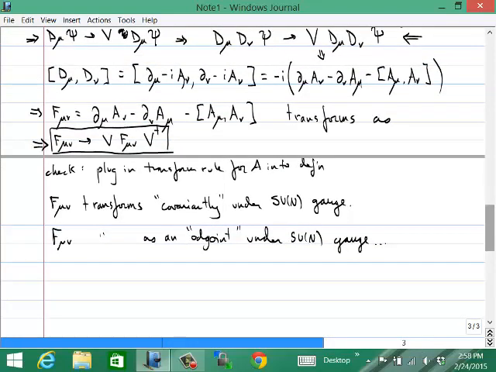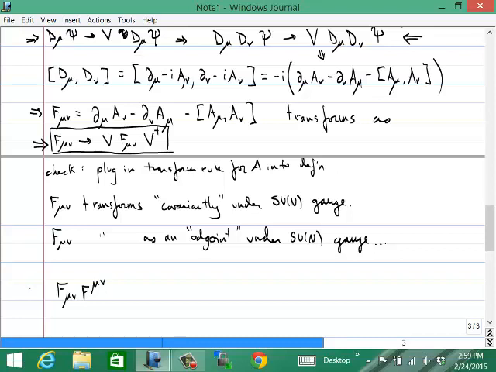But the important point is that if we want to construct a scalar quantity which is invariant under the gauge transformations, you could imagine trying to construct something like F_μν F^μν, just like you had in electromagnetism. But this guy will transform. It'll pick up under a gauge transformation a V on the left and a V† on the right.